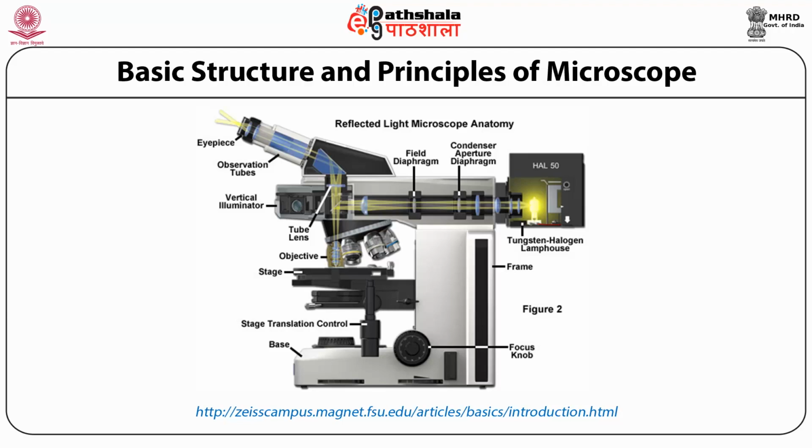So it throws the light, and light passes through the condenser and then hits the dichroic mirror, through which it goes to the objective lens, illuminating our sample, and when the sample is illuminated, the light is transmitted back through the dichroic mirror as well as the emission filter, and can then be seen through the eyepiece. Also, you will see there is a mechanical stage, which can be rotated and can be moved in X and Y direction so that the sample can be placed. And there are various other features which are shown in this picture as well.